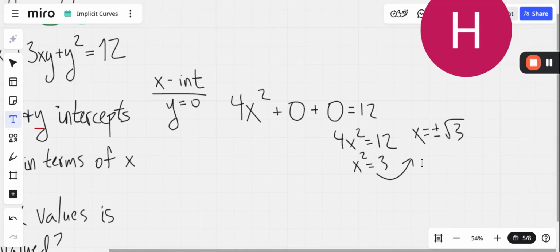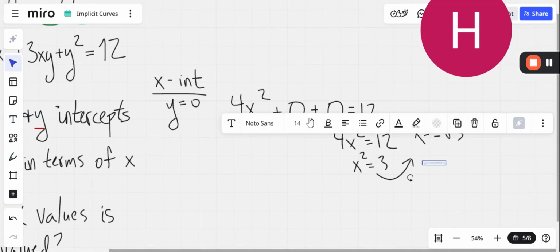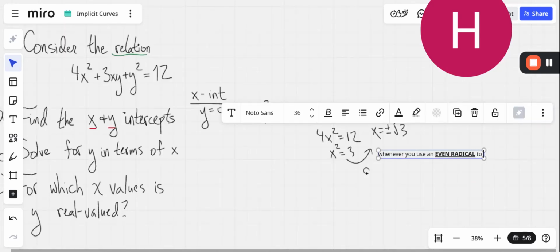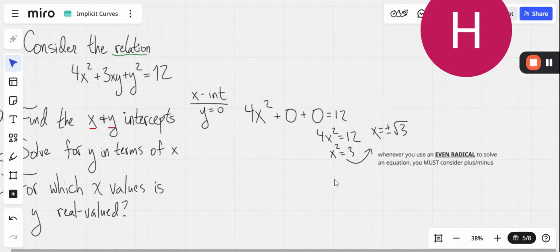Remember, this is important. Whenever you use a square root, an even, I'll even highlight it, even radical, to solve an equation, you must consider plus minus, always, every single time.